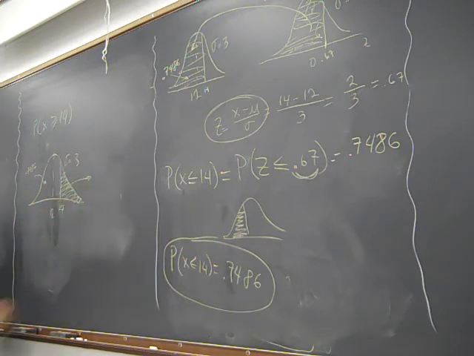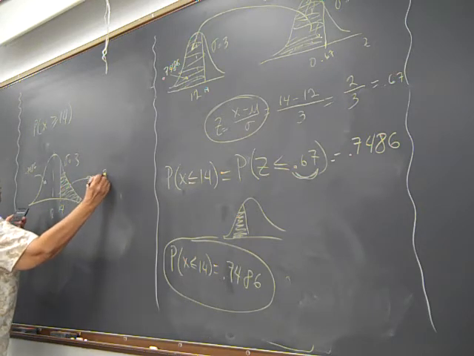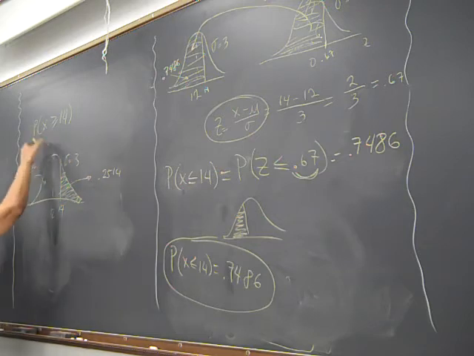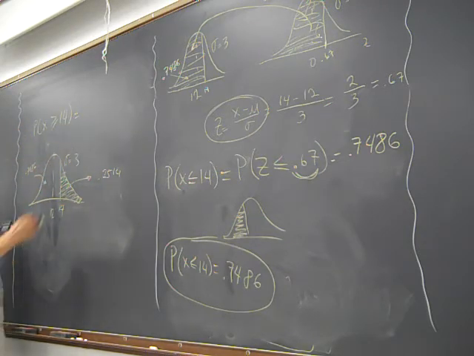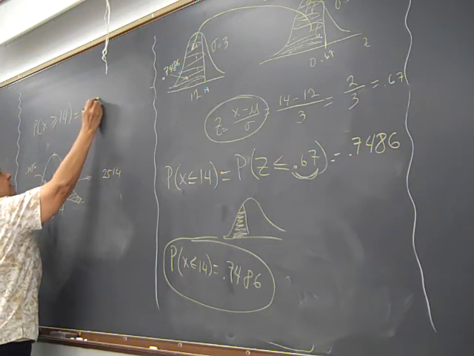So what is this one? 1 minus 0.7486, which is 0.2514. So the probability that X is greater or equal than 14 in this distribution is 0.2514.